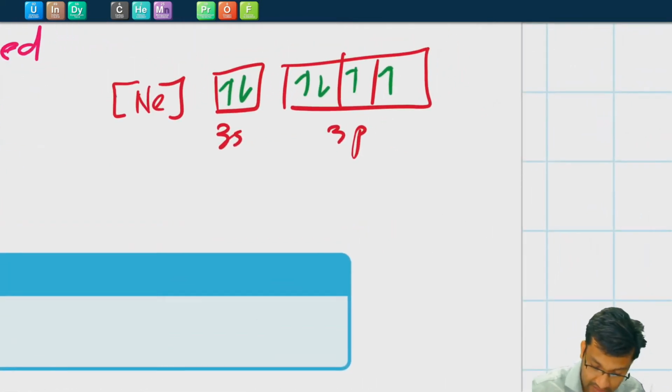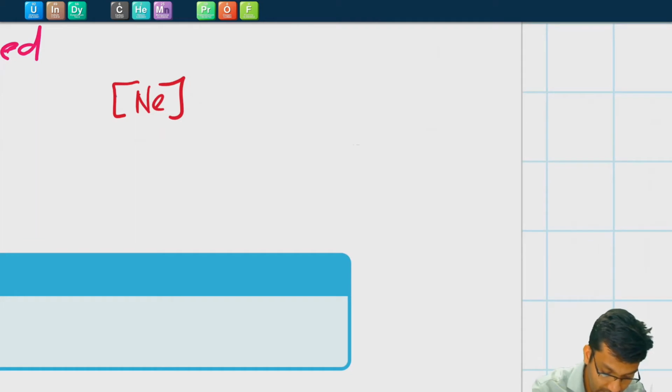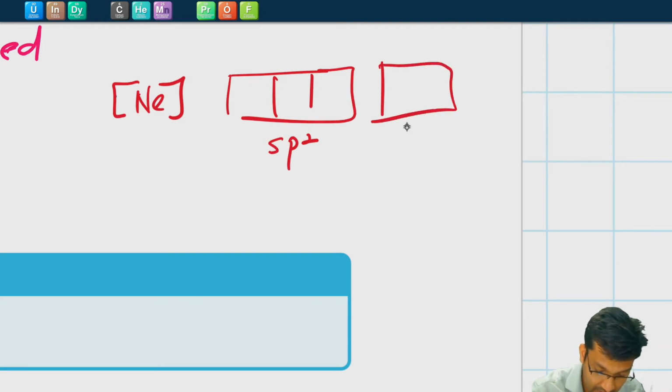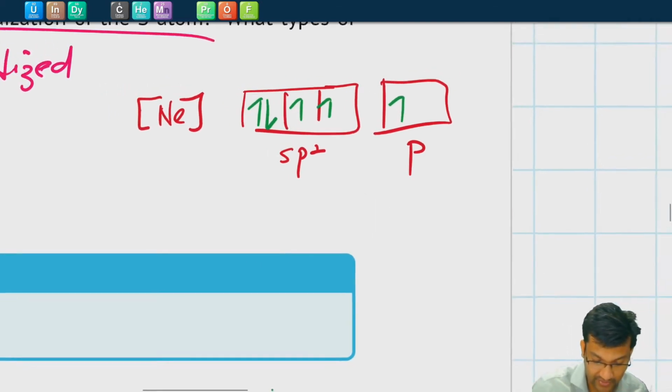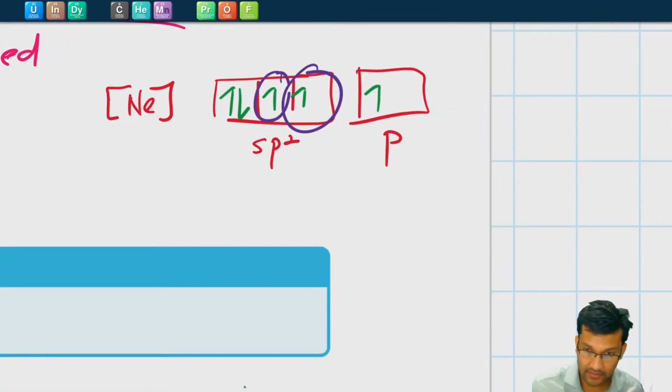So instead of this, we have 1 s and 2 p orbitals combining to give us an sp2 orbital, and then we have another p orbital left over, right? And then we have 1, 2, 3, 4, 5 electrons distributed like that. So what does this mean? We have 2 sp2 orbitals available for bonding, and 1 p orbital available for bonding.